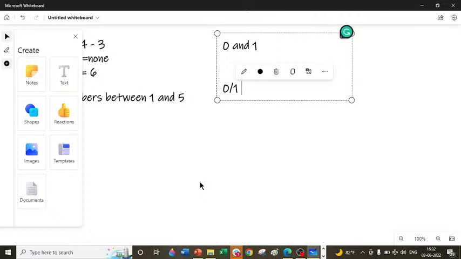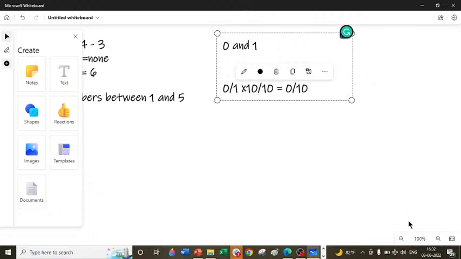Okay, and we can just times it by 10 at the top and 10 at the bottom, and then we know 0 times 10 is 0, and then 10 times 1 is 10, so we will get 0, 10.